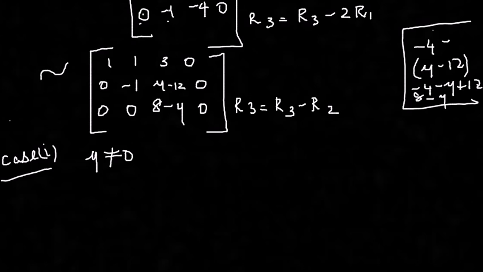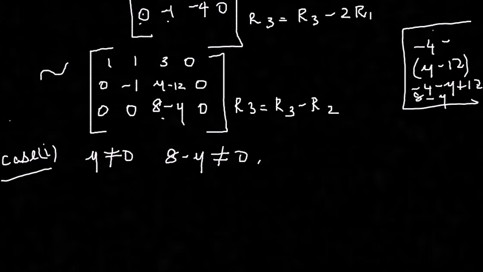When mu is not equal to 8, obviously this last row will not be 0. What if mu is equal to 8? Then this term could become 0, right? So let us make an assumption that 8 minus mu is not equal to 0.